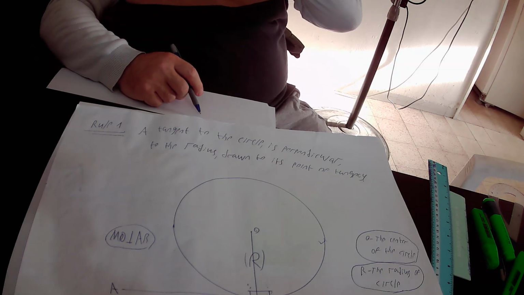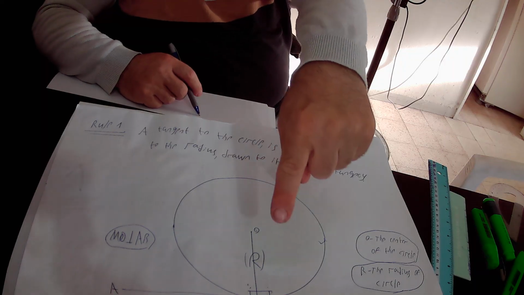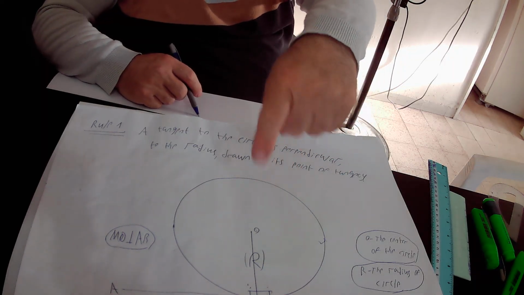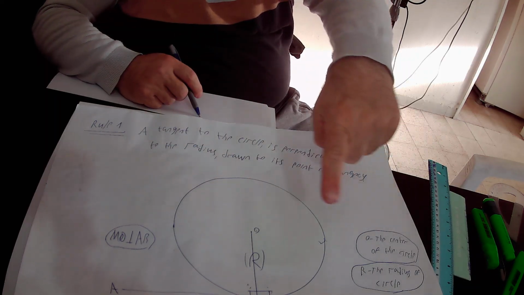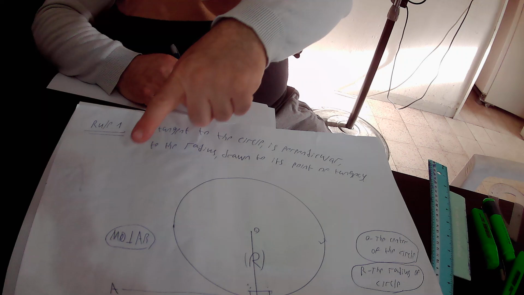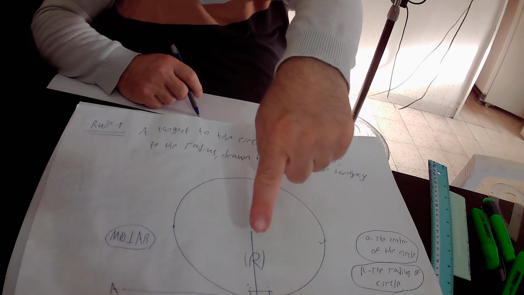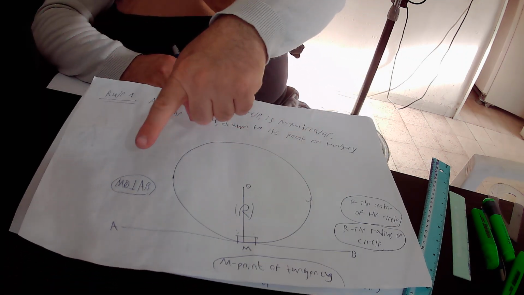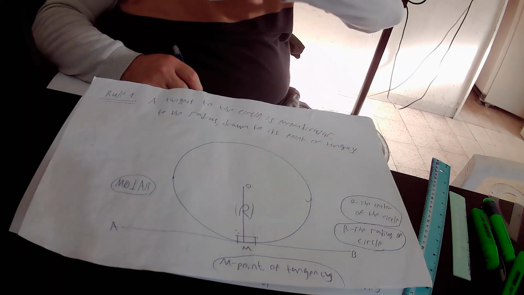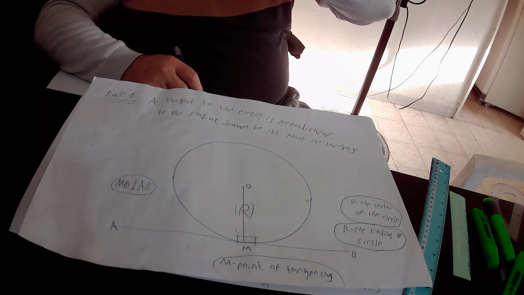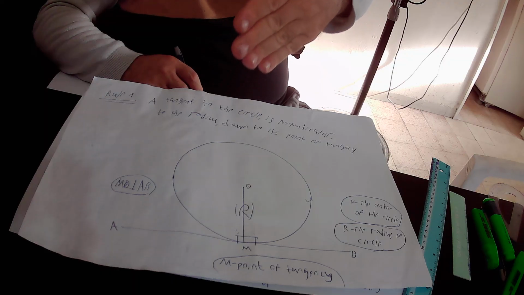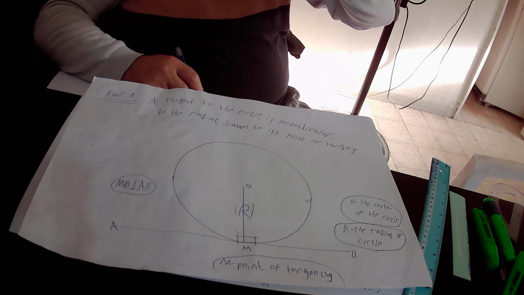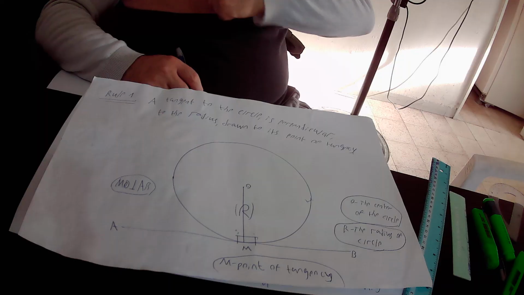We have here OM is the radius of this circle that is equal to R, and here line segment AB is perpendicular to the radius MO. And because line segment AB is perpendicular to MO, line segment AB is defined as a tangent to this circle. So we can implement rule 1 in our drawing.